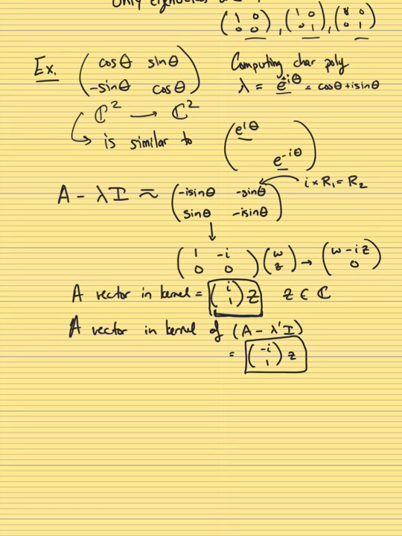So if you want, you can now write down the matrix which takes this rotation matrix and puts it into this diagonal form.